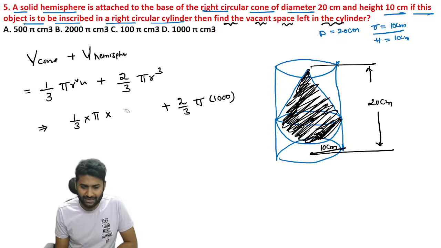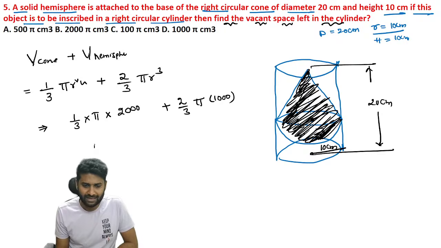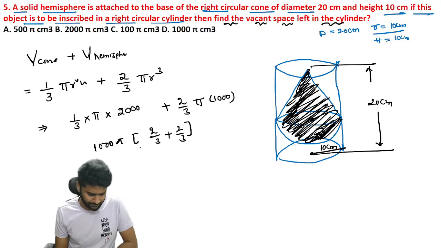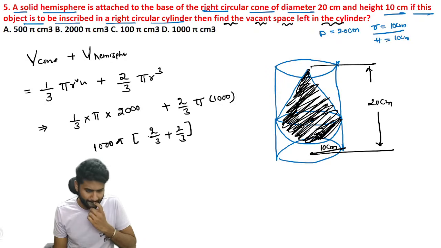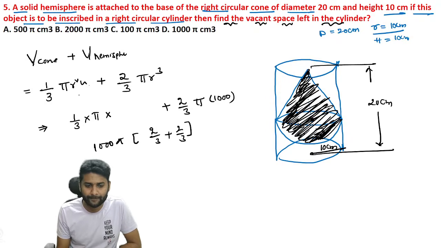So if you calculate, 100 into 20 is equal to 2000. Sorry, the height of the cone is only 10, right? r is equal to 10, h is equal to 10.